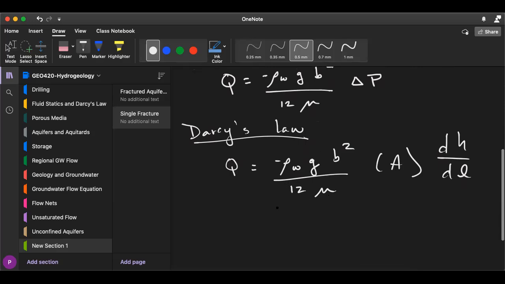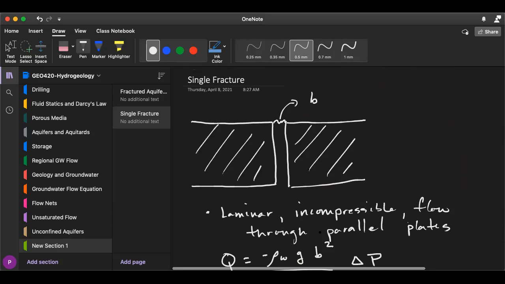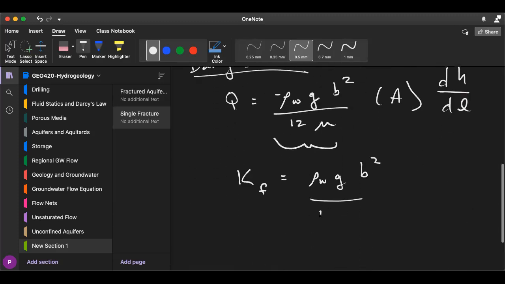And what this says is that the hydraulic conductivity of a single fracture, Kf, is equal to rho water g b squared over 12 mu. So the aperture of your fracture determines your hydraulic conductivity, and it goes as the square. What this means is small increases in fracture width mean big increases in hydraulic conductivity.